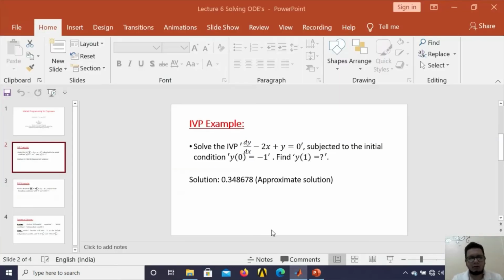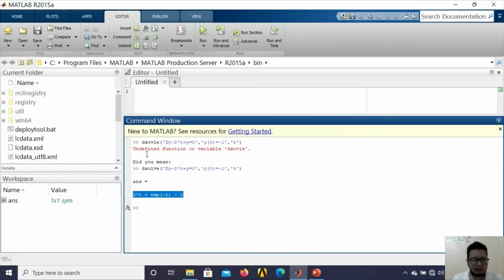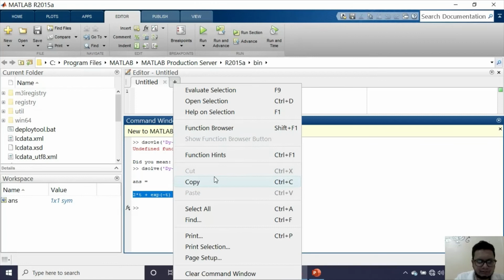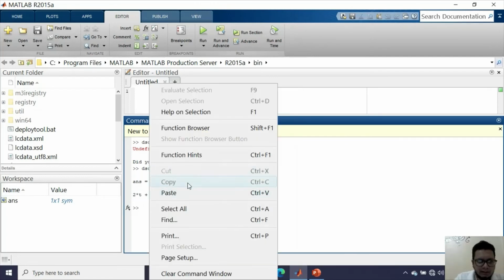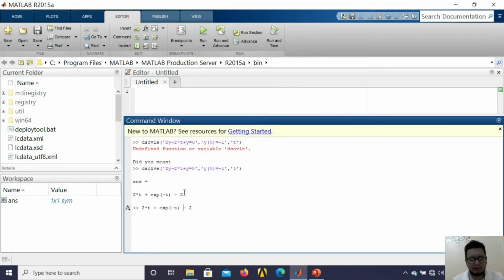But I want to find the value of y when x is equal to 1, that is the value of y when t is equal to 1. In the dsolve function, t is my default independent variable, so I'll copy this and paste it here. Wherever t is there, I'll replace it with 1 and press enter.